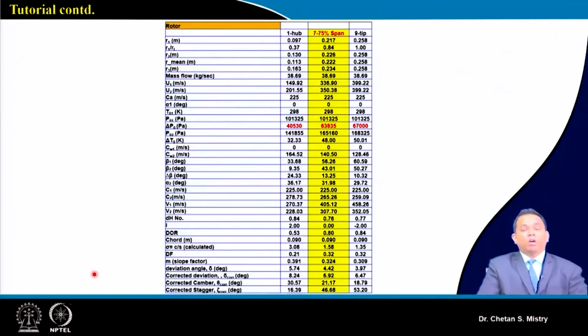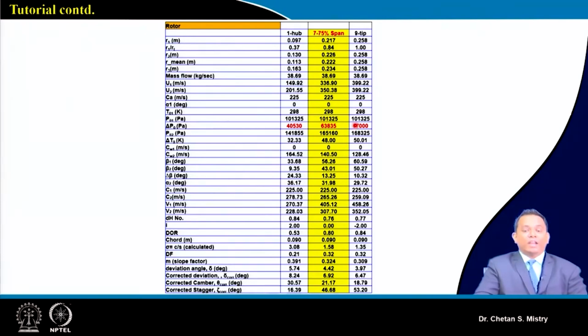Now after doing all this calculation, we can make our Excel sheet program. That will be helpful for cross-checking all the calculations we have done at the hub station, mid station, and tip station. Here you can see the variation of delta P0 at the hub, mid station, and tip station.